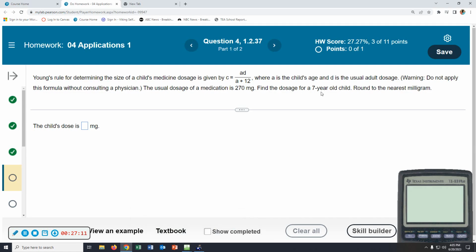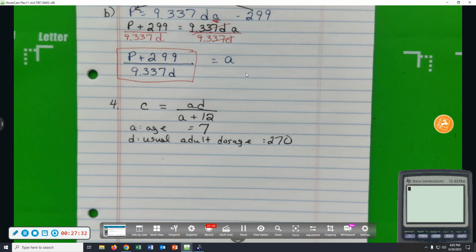Well, the age of the child is 7. And the usual dosage for an adult, 270 milligrams. So we're going to plug a 7 in for A and a 270 for D.